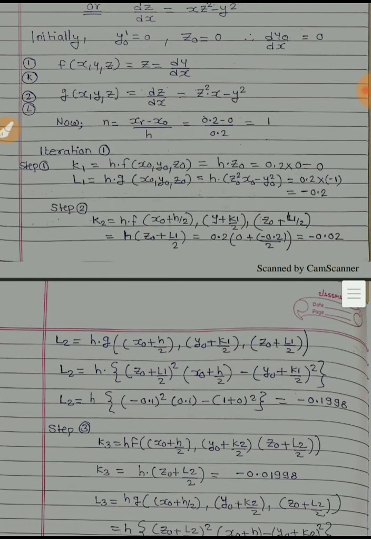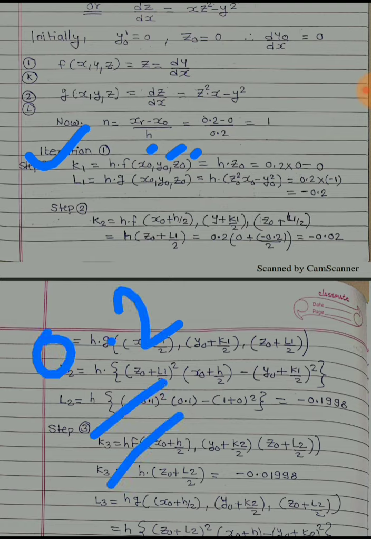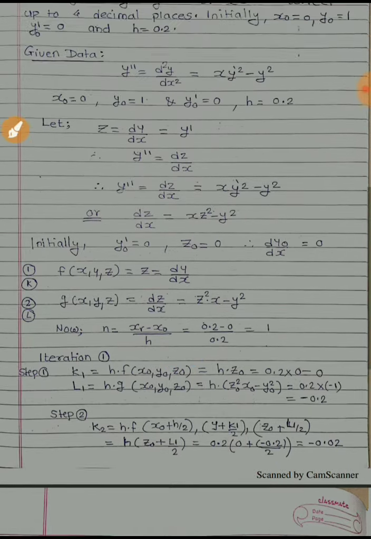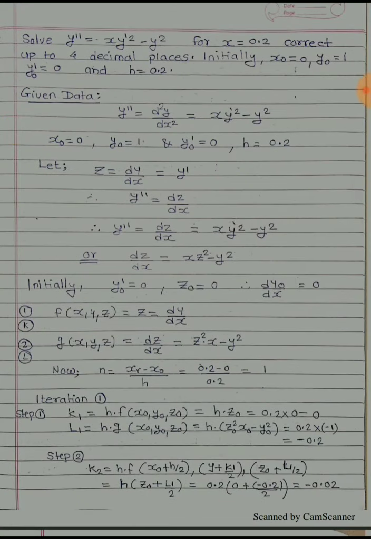So in iteration 1, I could say k1 is equal to h into f of x0, y0, z0. Hence the h value is 0.2, and f of x0, y0 and z0, if we check those values, we know that in the given problem statement x0 is 0, y0 is 1, right?